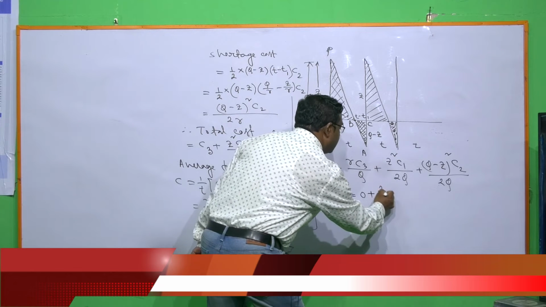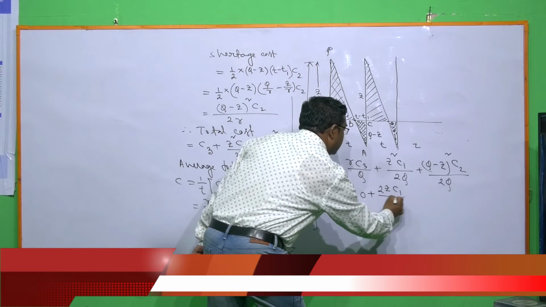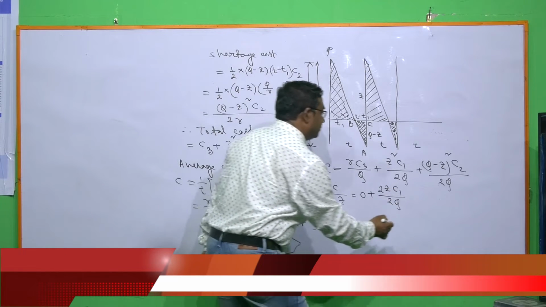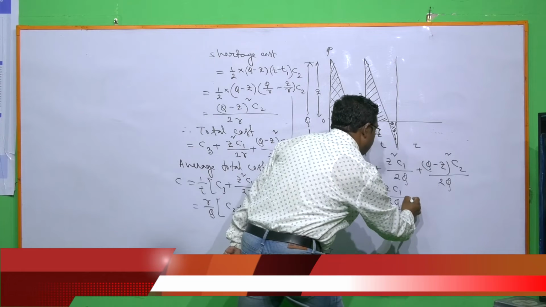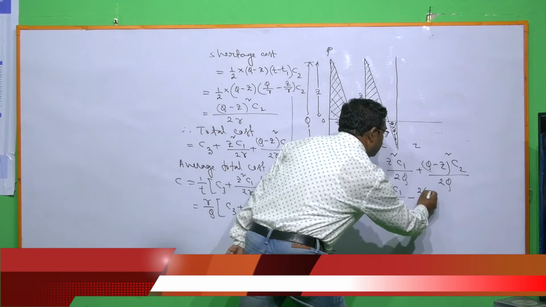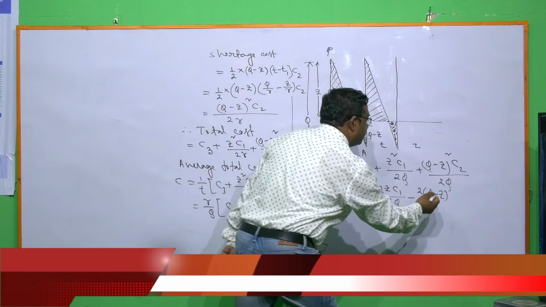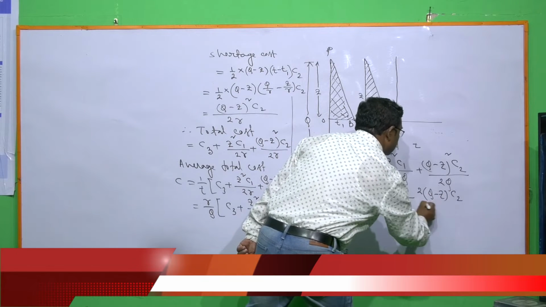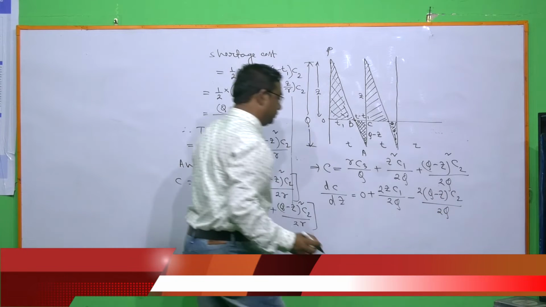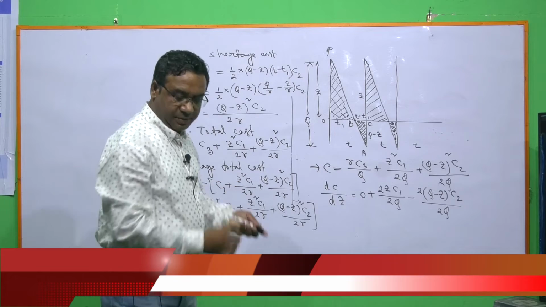This is 2Z C1 by 2Q. Then the derivative of this is 2 times (Q minus Z), and the derivative of minus Z is minus 1, so C2 by 2Q. This is the first derivative.